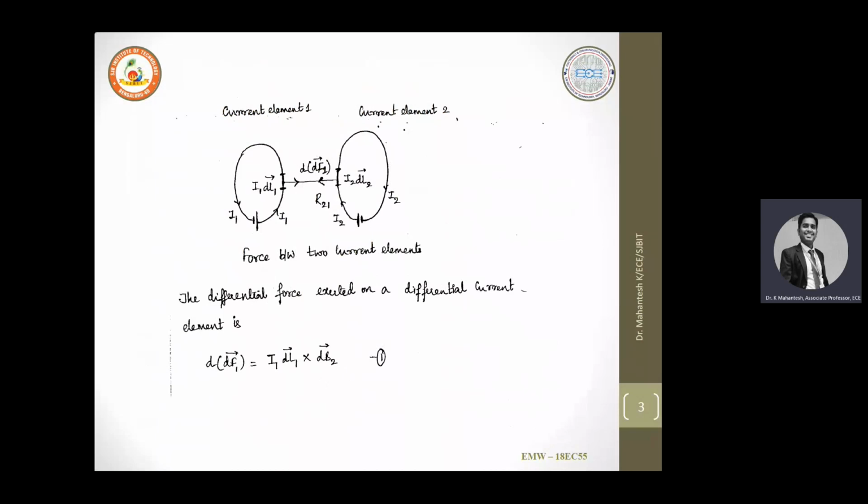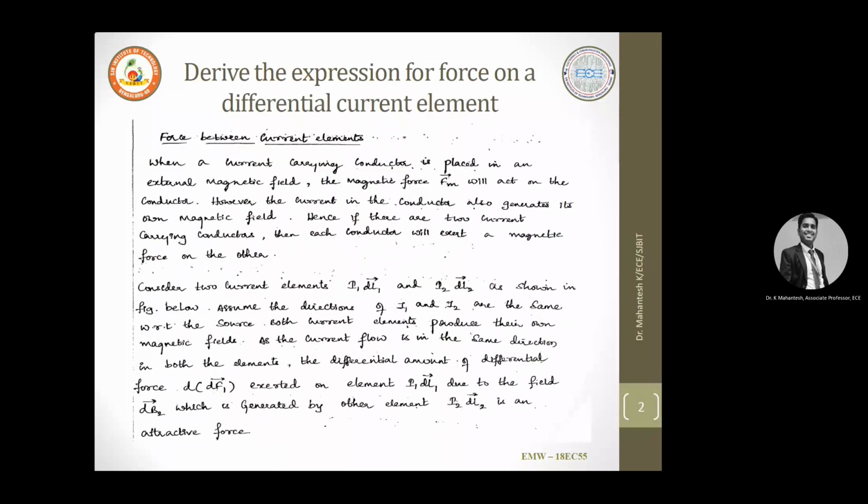I1 dl1 is the differential current element of conductor 1 and I2 dl2 is the differential current element of the current carrying conductor 2. Assume the directions of I1 and I2 are the same.